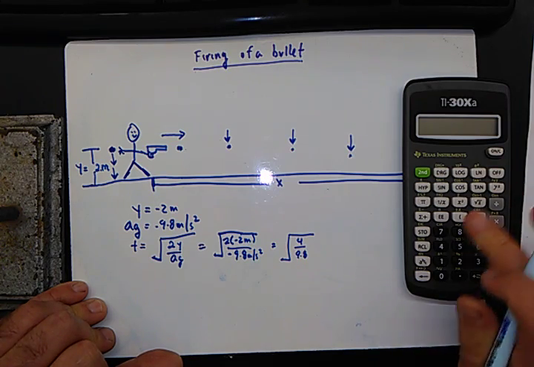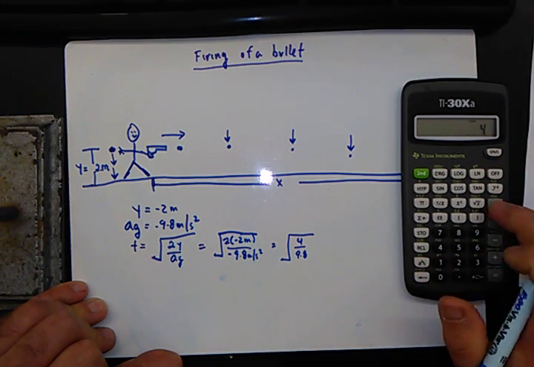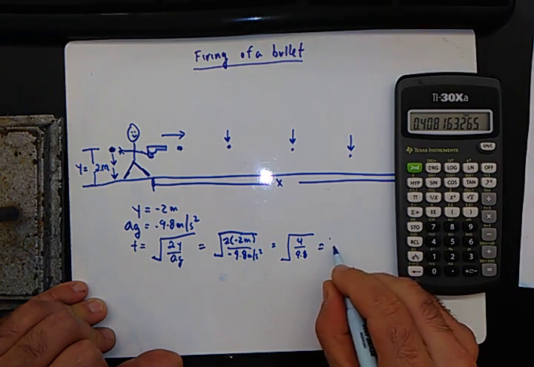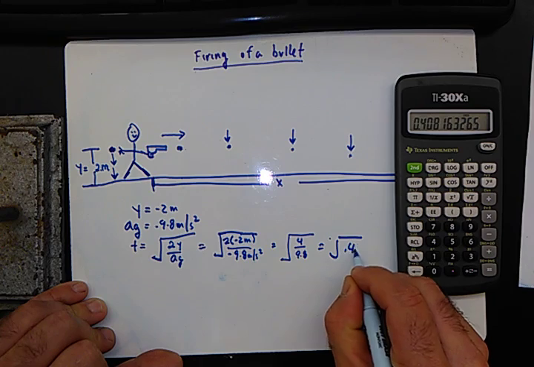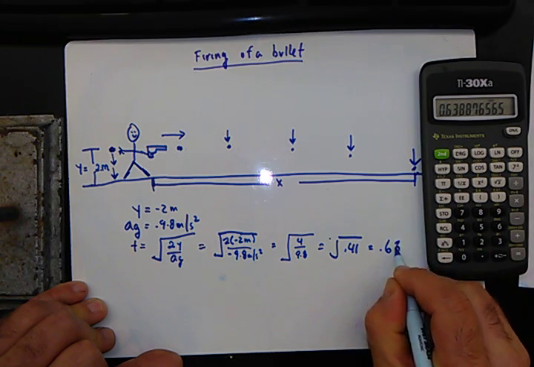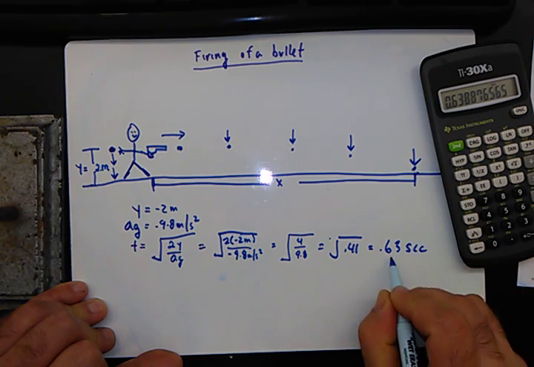4 over 9.8 is about 0.41, so it's the square root of 0.41, which equals 0.63 seconds.